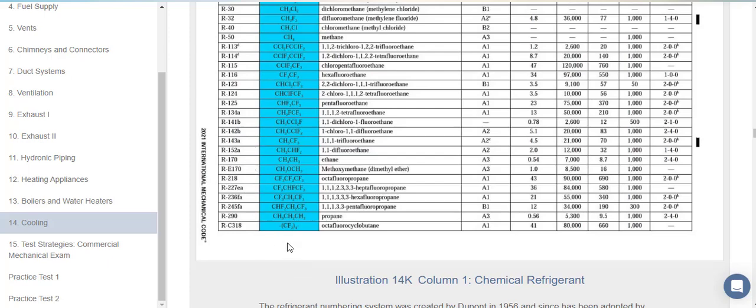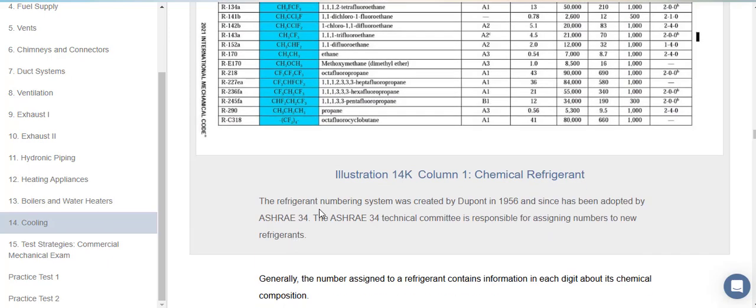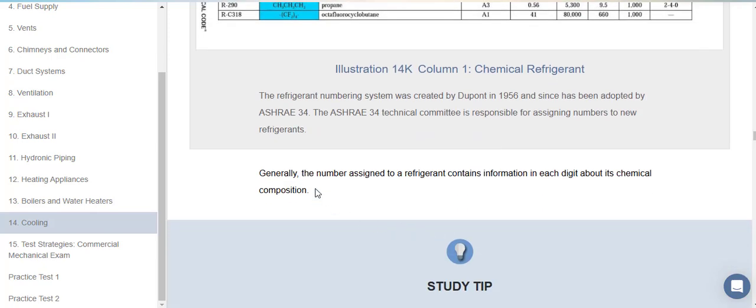Illustration 14K is column 1. Column 1 is chemical refrigerant. The refrigerant numbering system was created by DuPont in 1956 and since has been adopted by ASHRAE 34. The ASHRAE 34 Technical Committee is responsible for assigning numbers to new refrigerants.